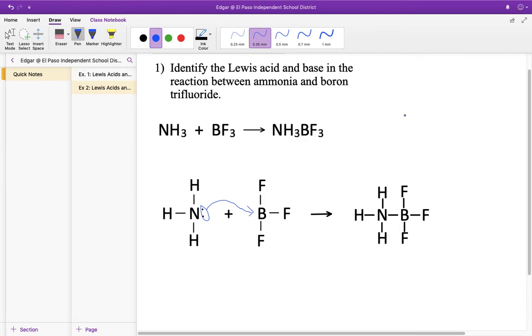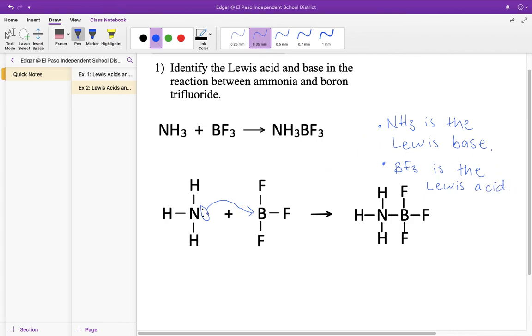So as per Lewis, NH3 is the Lewis base. And BF3 is the Lewis acid.